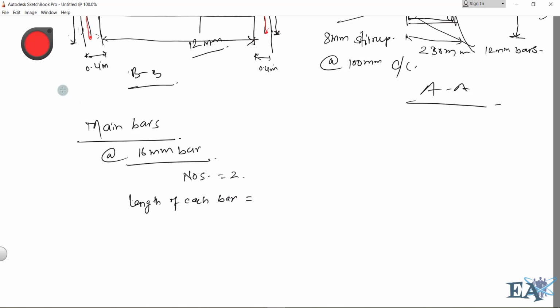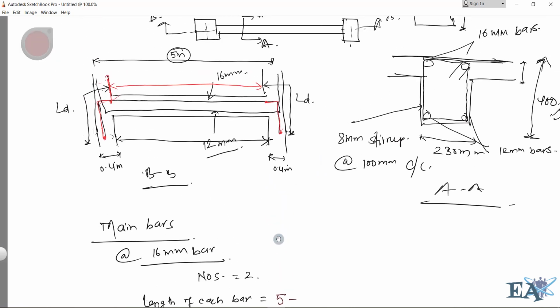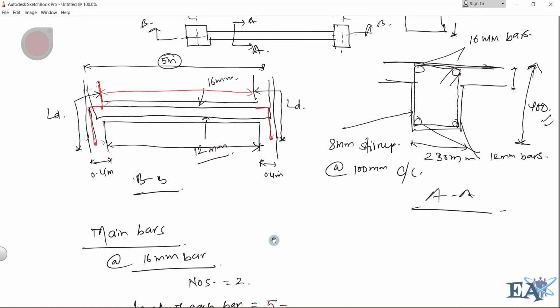Total length of each bar is equal to 5 meters minus, the 5 meters is from the center to center distance. So if I subtract half of this column width and half of this column width, I'll get here to here.